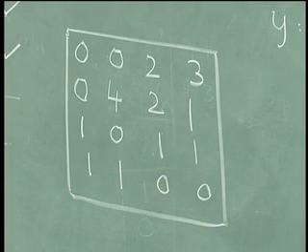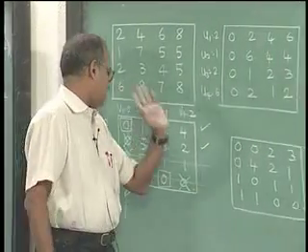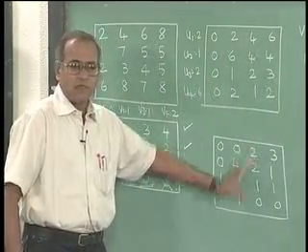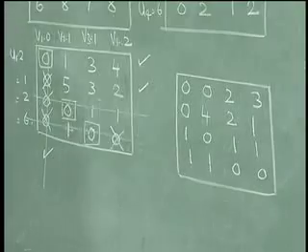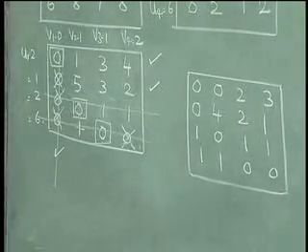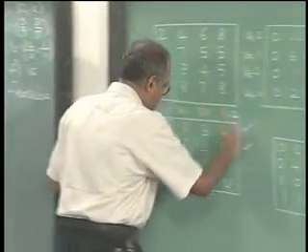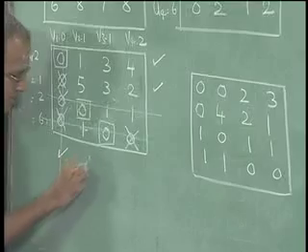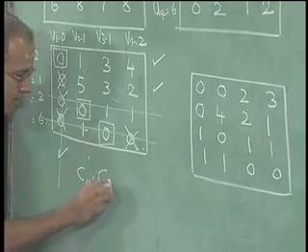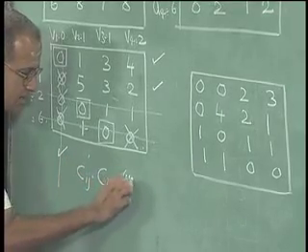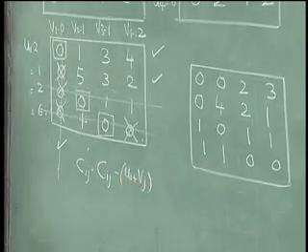We know that whether we use this matrix or whether we use this matrix, the solution is the same. The reason the solution is the same comes from this. When we created this, we have written C dash ij equal to Cij minus (ui plus vj).